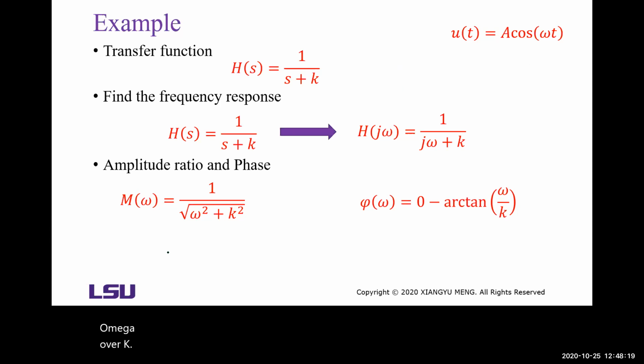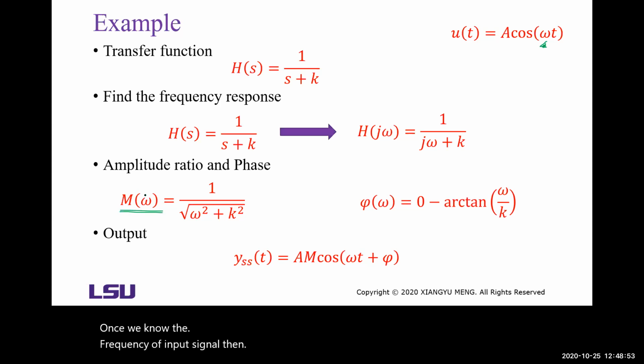And now the output y(t) will be AM cosine(ωt plus φ). The steady state will be A times M. Once we know the frequency of the input signal, M is just a number, and φ is a number.